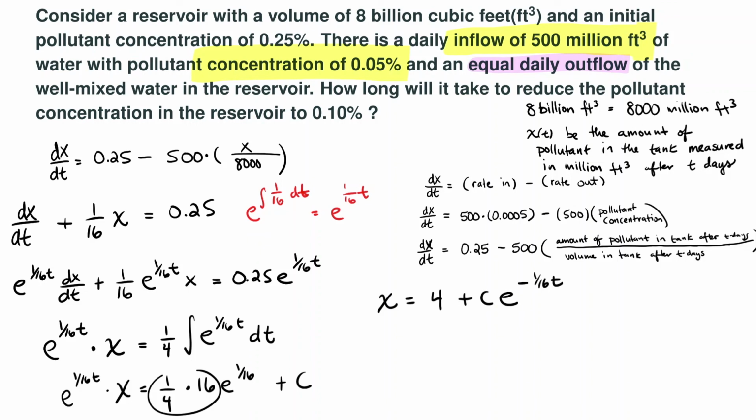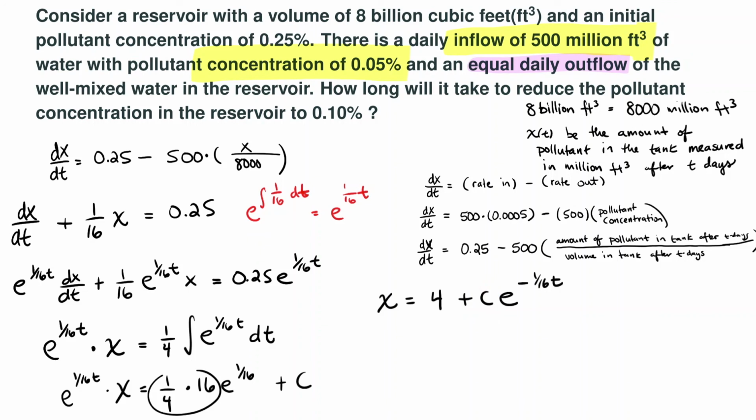Now, in order for us to find when the concentration was 0.1%, we need to solve for our constant of integration c, by plugging in an initial value to find that. So we reread through the problem and try to find where we have an initial value that we can use.